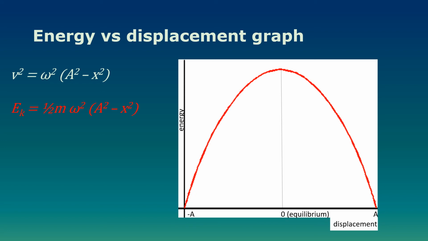So the energy-displacement graph looks like this, where equilibrium is in the middle. We start at an amplitude with a kinetic energy of 0, and from there we accelerate, and through equilibrium we're at maximum kinetic energy, and then we go to the opposite amplitude and we're back at 0 again. What's key here is that while this is a continuous cycle, it doesn't leave the confines of this graph.